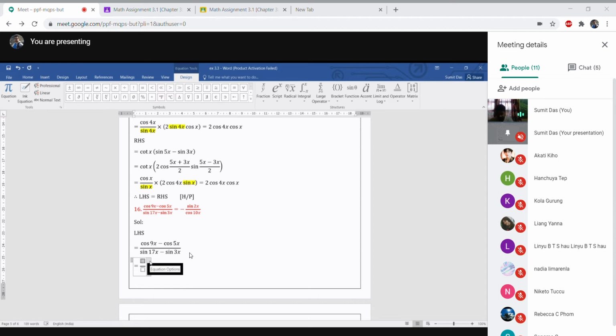That is formula number 20, the second formula, cos x minus cos y. I'll try to copy the formula.